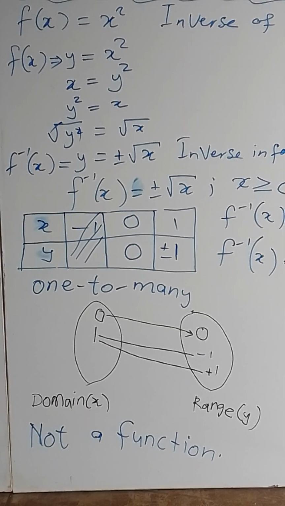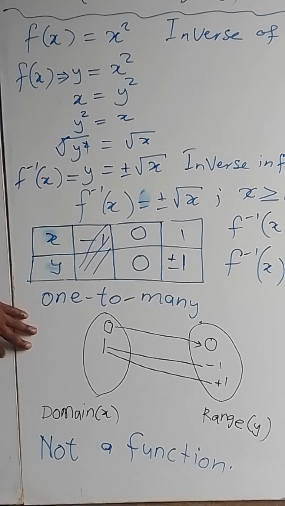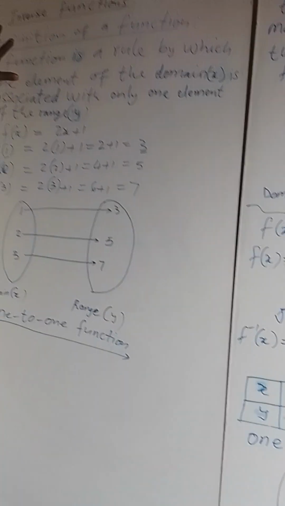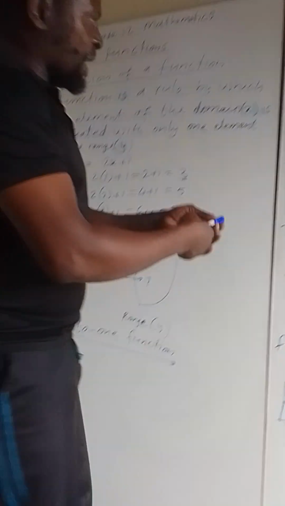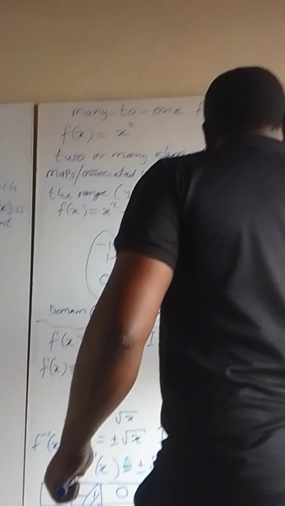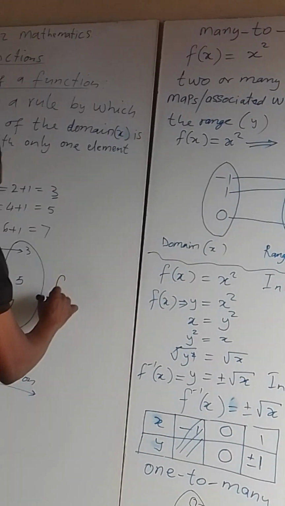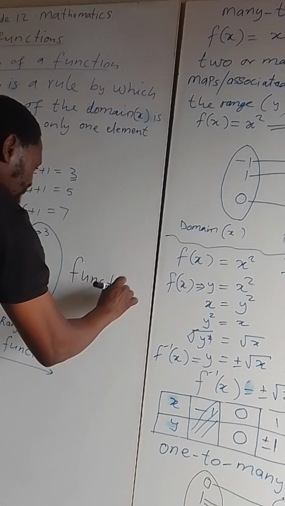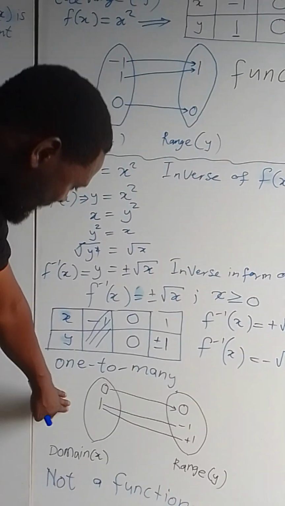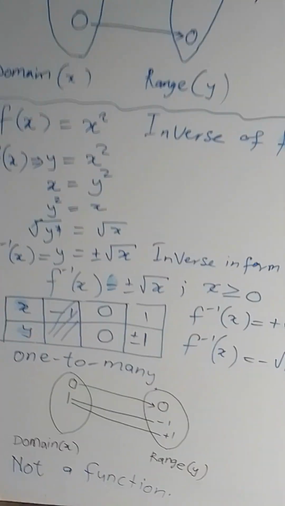We are going to grab a few examples to illustrate where we have no function and where we have a function. Let me just stipulate here. This is a function. And also this is a function. But this, the one that is the inverse, is not a function.